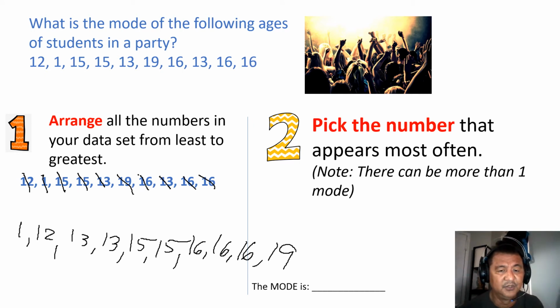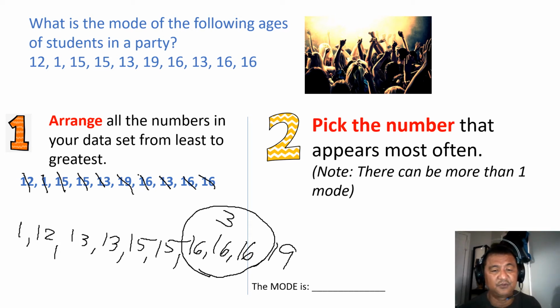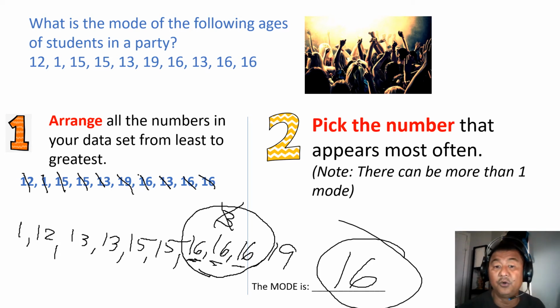We're going to get the number that appears most often. How many 16s do we have? There are three. Therefore the mode, you're not going to write 3, you're going to write the number 16. So the mode of the ages in the party is the 16-year-olds.